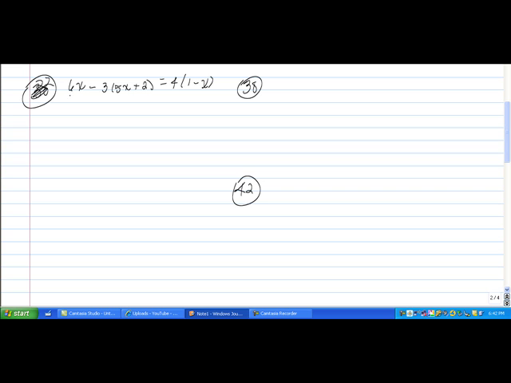Okay, so I want to begin by distributing on both sides. Here we're distributing a negative 3 on the right side of 4. Okay, I want to combine the terms that are alike on the left side. 6 minus 15 would be negative 9x.